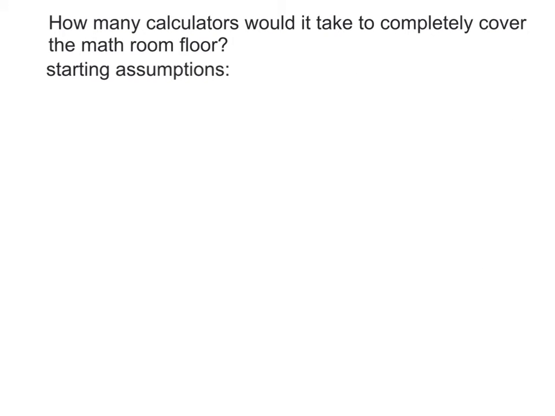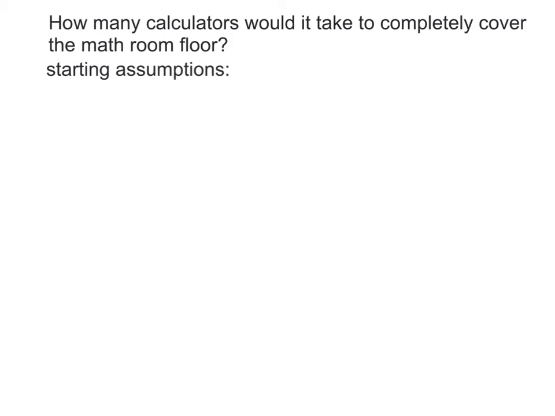Our final engineering estimation problem actually requires us to do an area conversion. So this is a little more challenging, and you have to remember you're converting from square units to another different square units. And so I'll show a sort of careful way of doing this.